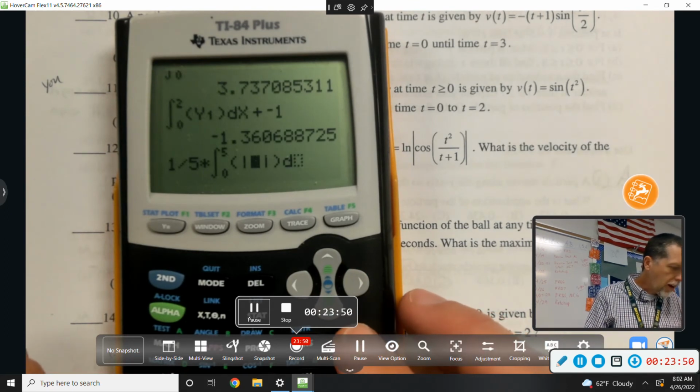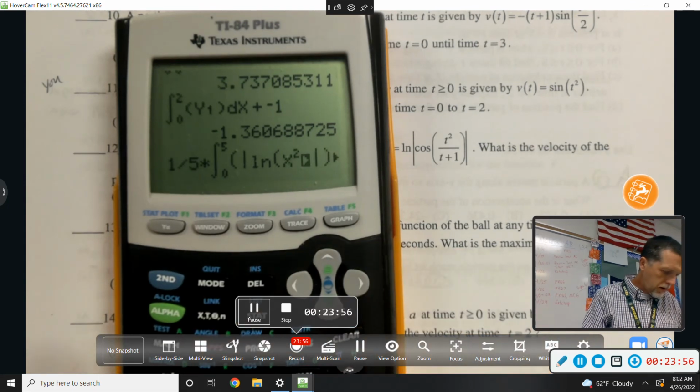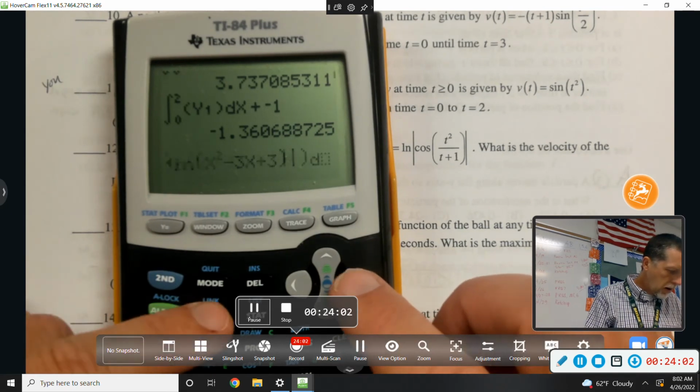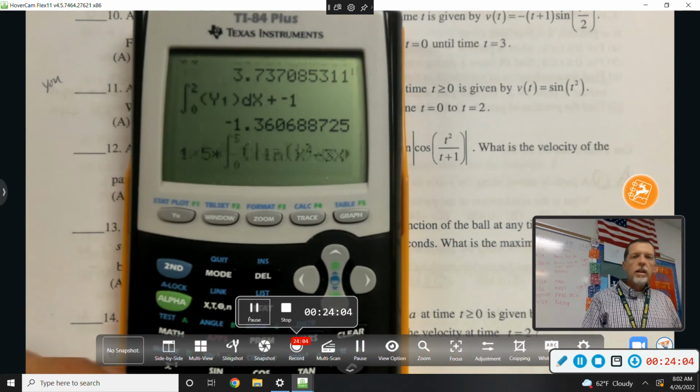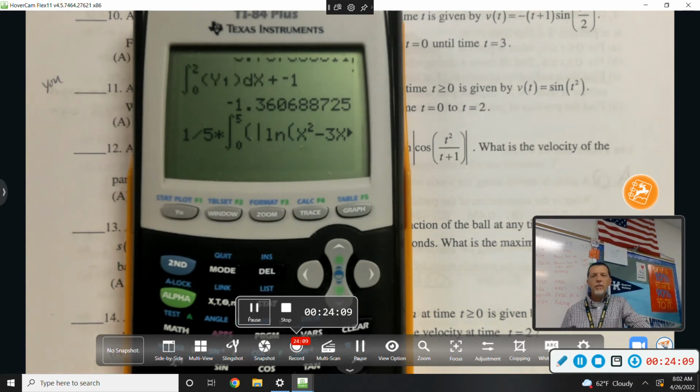Absolute value, natural log x squared. And we've seen this a couple times. The more complicated the integral, the longer it takes the calculator to think through things and figure it out.